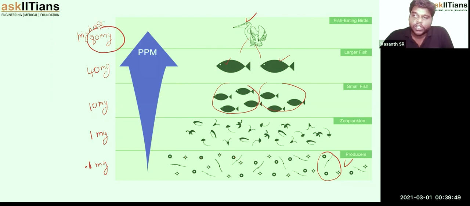Let's say, for example, a farmer uses a lot of fertilizer, pesticide and insecticide in his field, and the rain falls and washes off every chemical substance that was used upon the plants, and it seeps into the nearby water source.